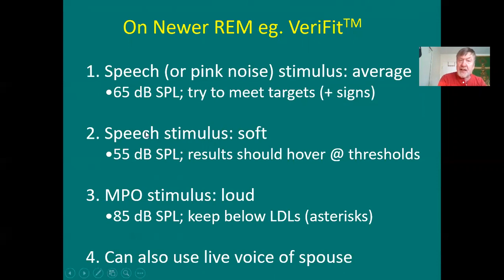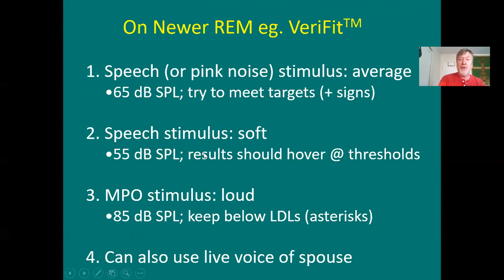Secondly, you try soft inputs around 55 dB SPL, and you hope that your outputs hang around the thresholds. In other words, they're barely above the thresholds, because normal hearing people can barely hear soft speech. So why should hearing aided people be any different?